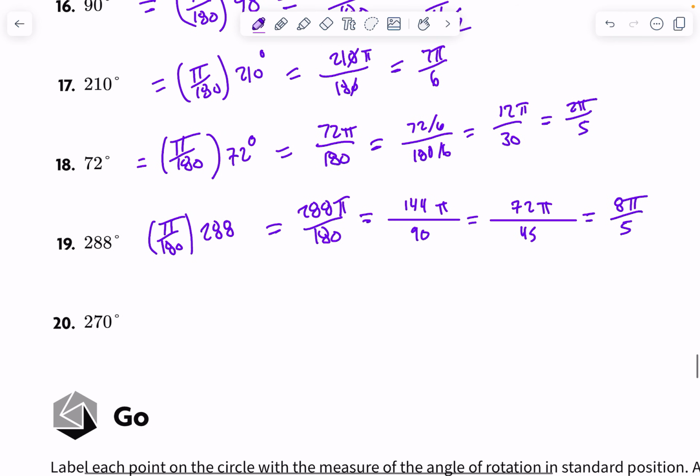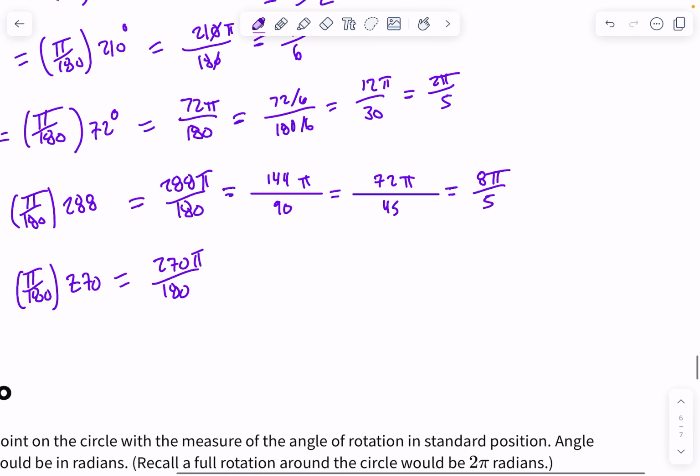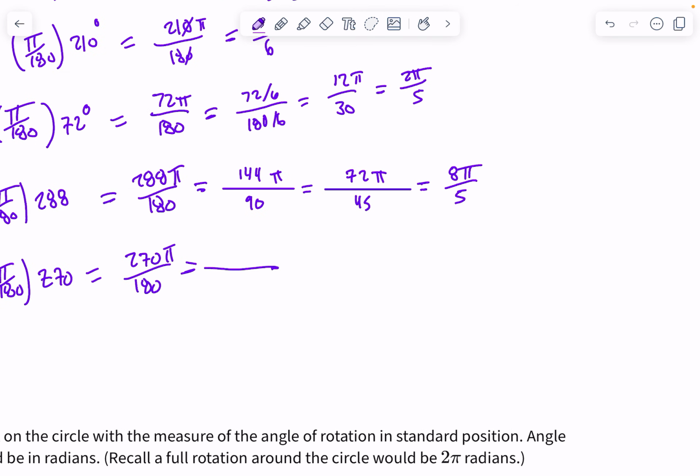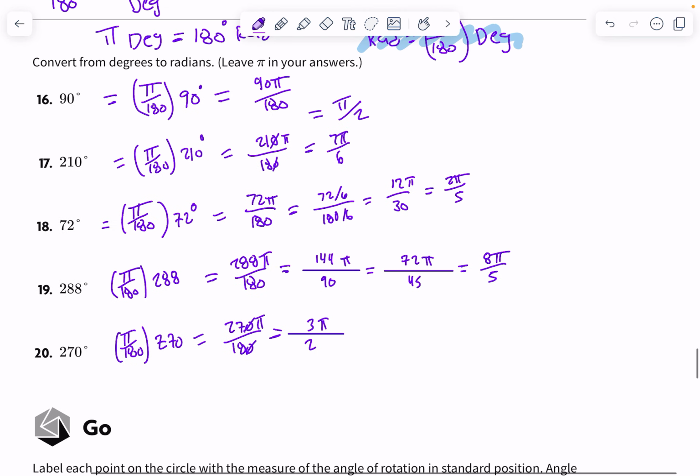Last but not least, pi over 180 times 270 is equal to 270 over 180 pi. This one is a lot more straightforward. I can divide the top and the bottom by 90, and I can divide them by 9 technically. So I'm left with 3 over 2 pi, so 3 pi over 2. Okay, cool.